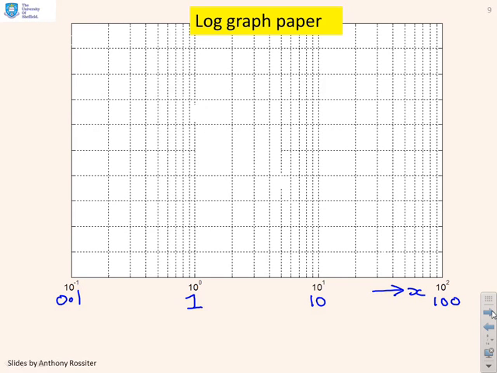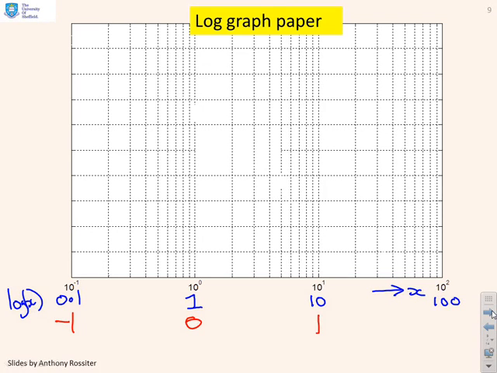But the next question is, where have those positions come from? Well, if I take the log of x, okay, which is what we're actually doing when we choose this graph paper, then the log of 0.1 is minus 1 if we do log 10. The log of 1 is 0. The log of 10 is 1.